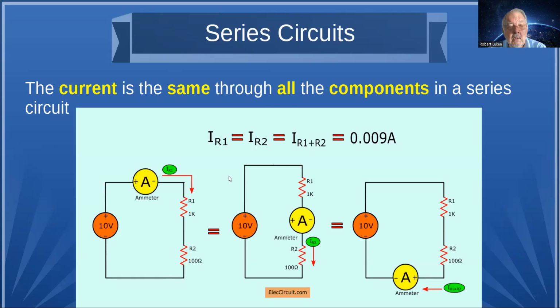So here's an example of a couple series resistors. We'll circuit with a voltage source and an ammeter, and we see that the current in R1 and the current in R2 have to be equal, and we get 0.009 amps.